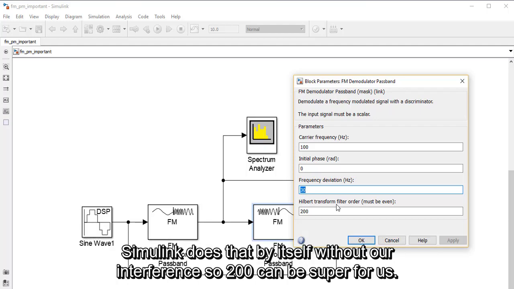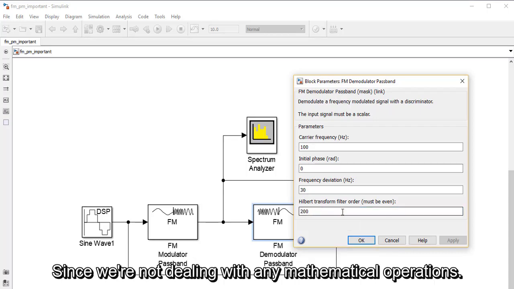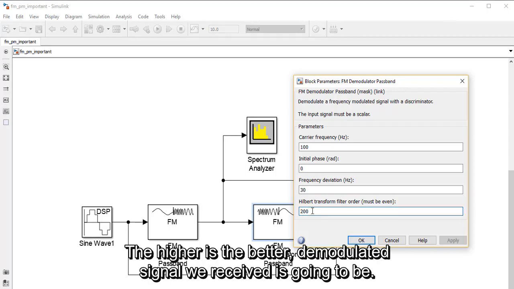But since Simulink does that by itself without our interference, 200 can be suitable for us. It's okay to choose a high number since we are not dealing with any mathematical operations. The higher it is, the better the demodulated signal we receive is going to be.